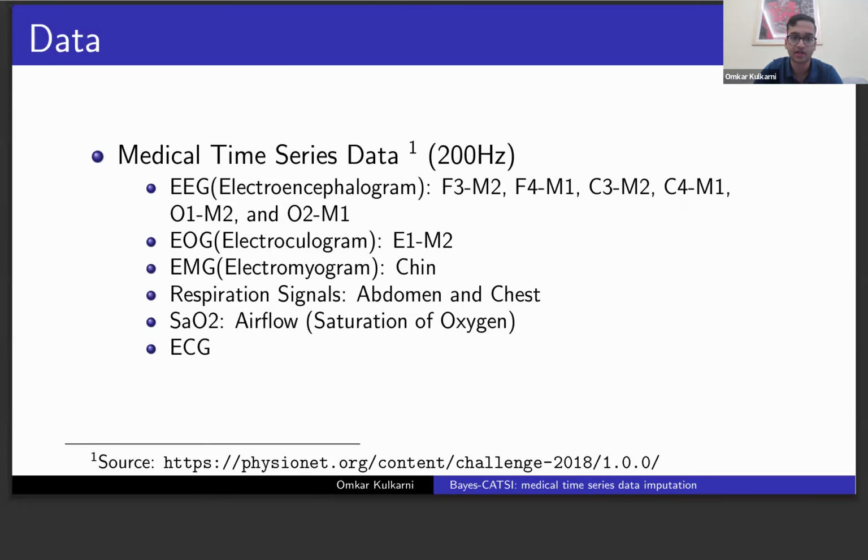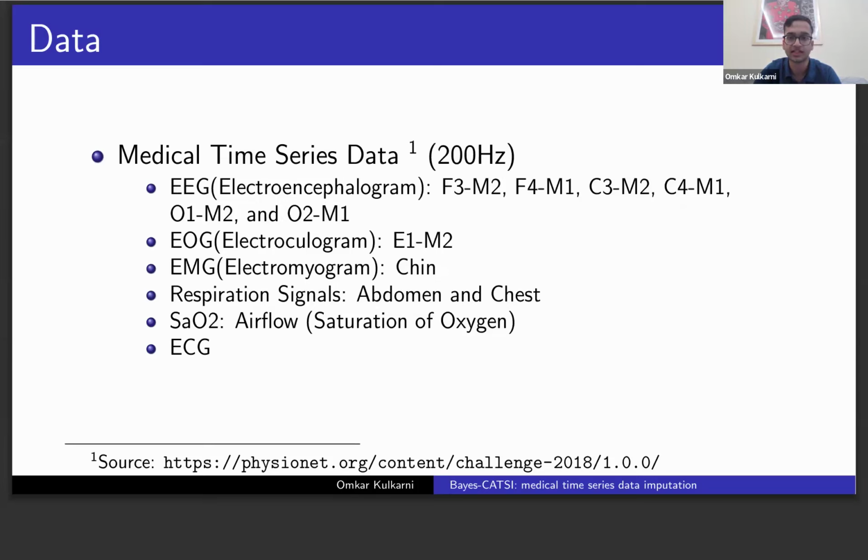The data that we used is from the physionet.org website, Computing in Cardiology Challenge 2018. We use 12 medical time series.